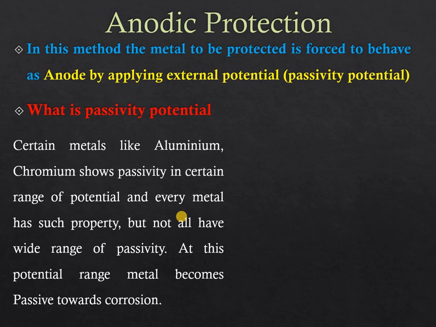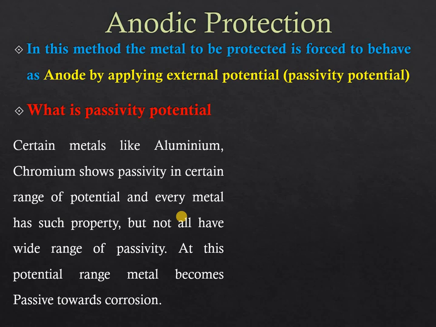Here it has been seen that every metal has such kind of passivity potential property, but not all the metals have broad range of passivity potential. For the metals which have a broad range of passivity potential, this property of passivity in a certain potential range is used to protect the metal from corrosion, and such method of corrosion protection is called anodic protection.